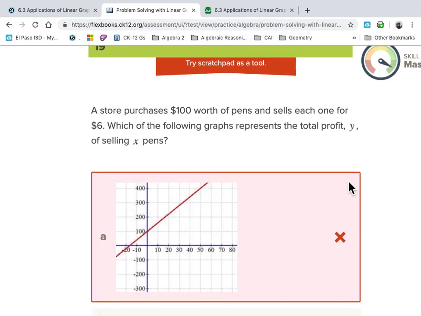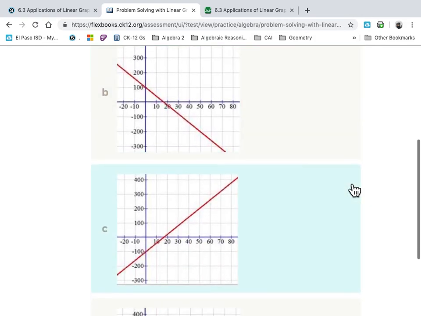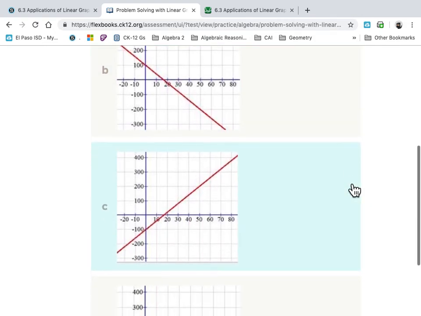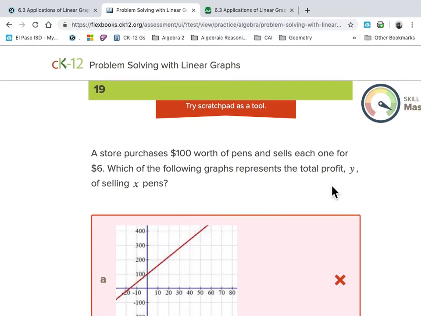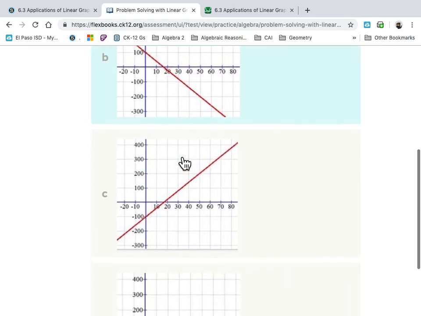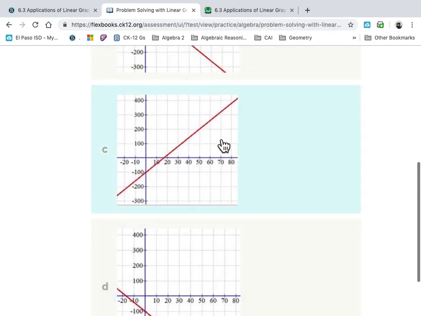So a store purchases $100 worth of pens. Each one sells for 6. So you're going to start in the whole $100. You have to look for negative 100. It was this one, and it's going to go up. So it was C.